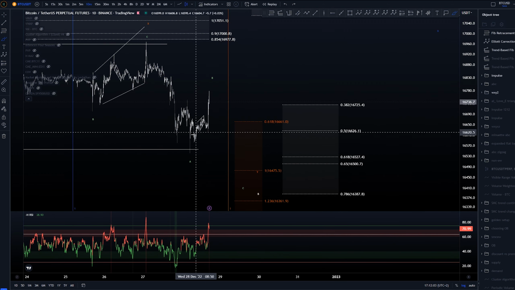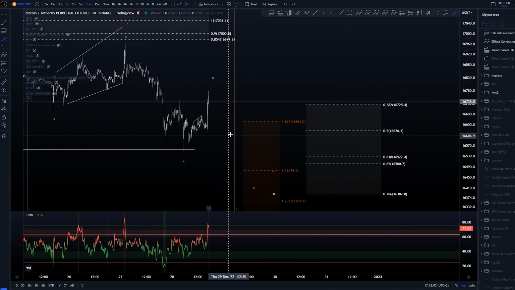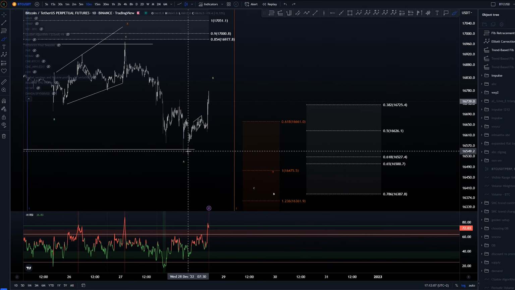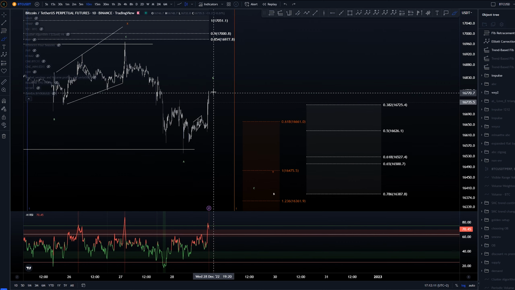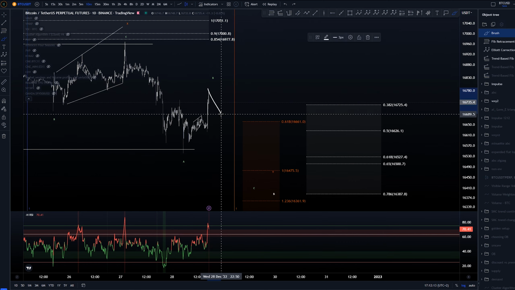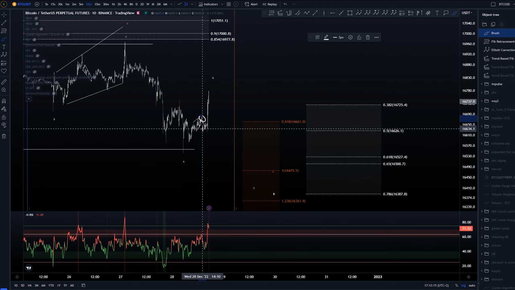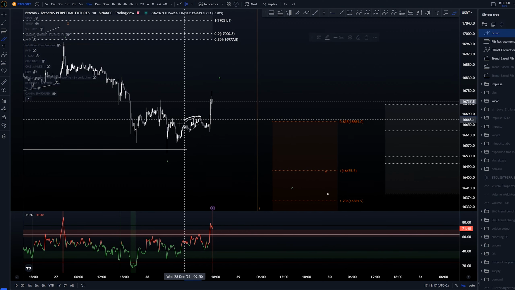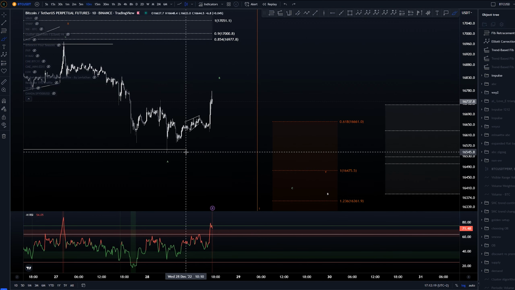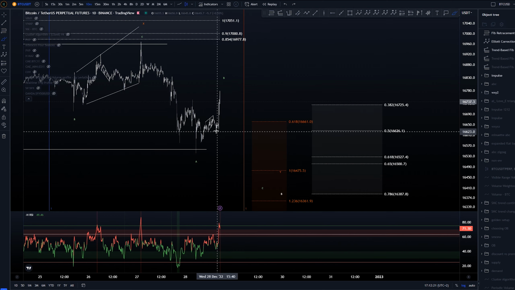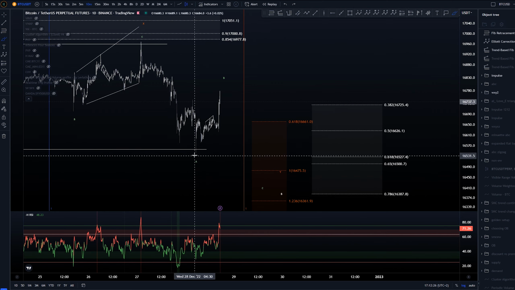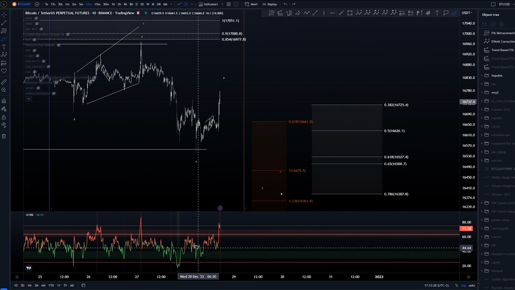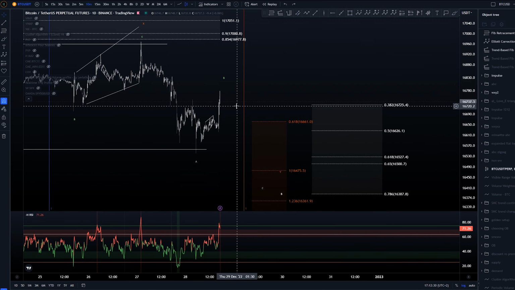If it does, then we have more of a chance of having this as a 3-wave structure like so than anything else. Because again, the fourth waves should not get to the wave 1 territory. And to me, I think this is looking pretty decent as a diagonal on its own. And yeah, that is that. Preference is at the moment again with the 1-2-1-2 setups due to RSI, looking like this.